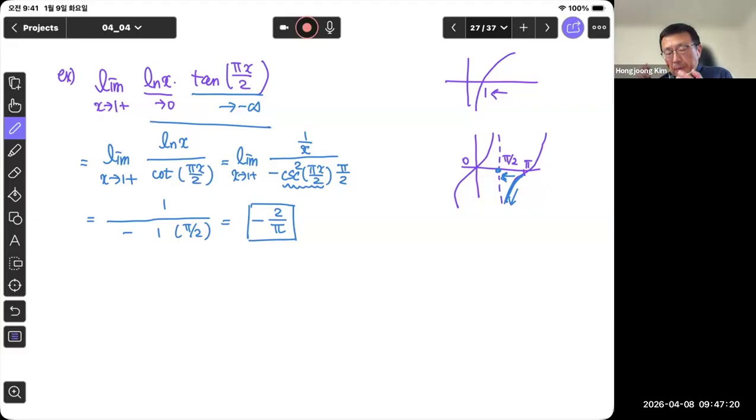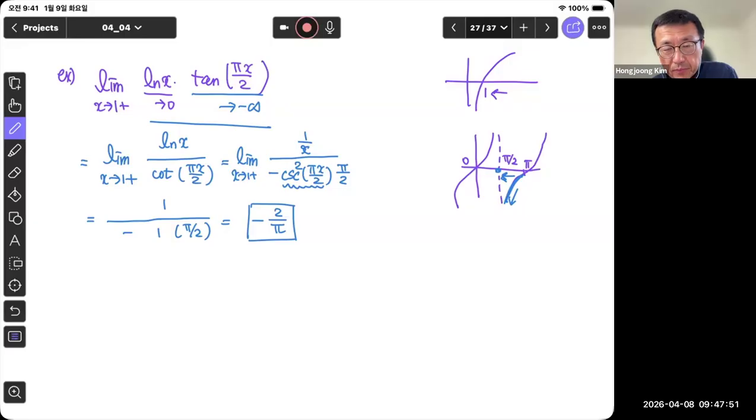Okay, so one more time. In order to apply L'Hopital's rule, your function is of the form f of x over g of x. And we can apply L'Hopital's rule only in one of two cases. Number one, both numerator and denominator go to 0. Number two, numerator and denominator diverge to plus or minus infinity.